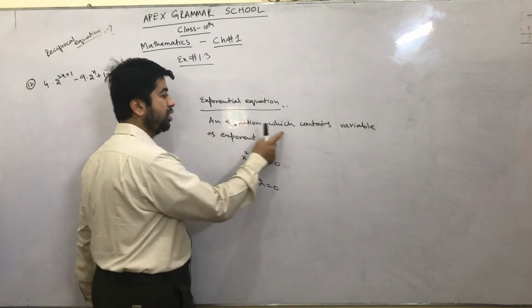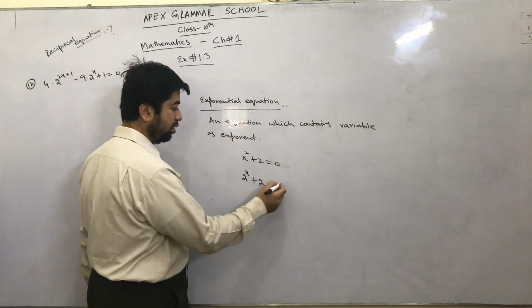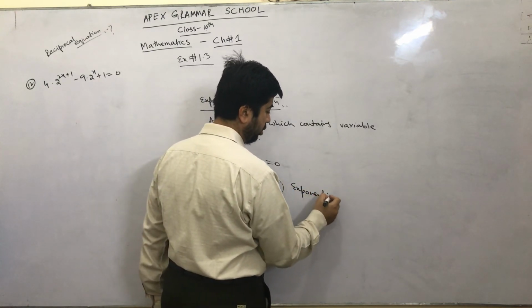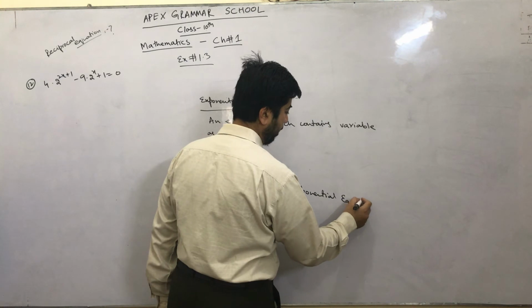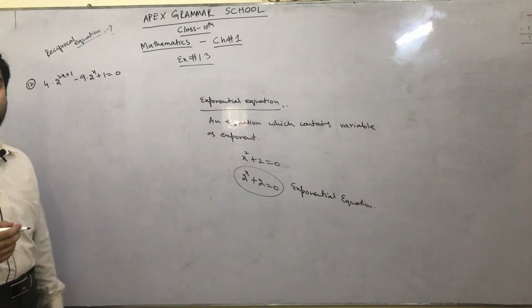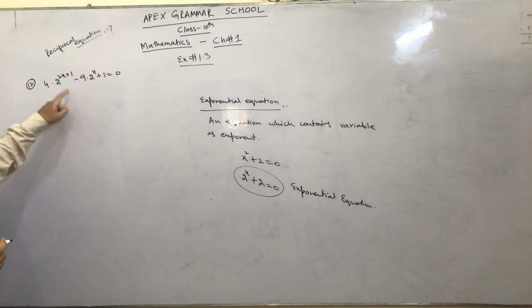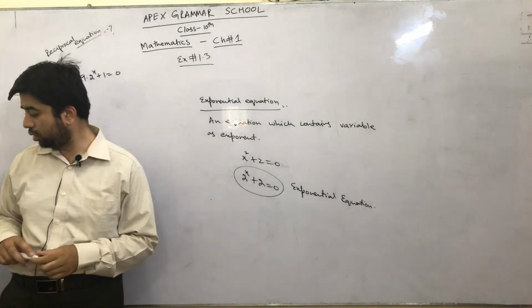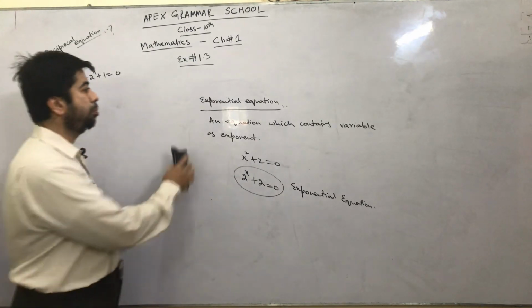So an equation which contains a variable as exponent, this is exponential equation. For exponential equation, you can easily see that the variable occurs on power. So how to solve these equations? This is very simple.